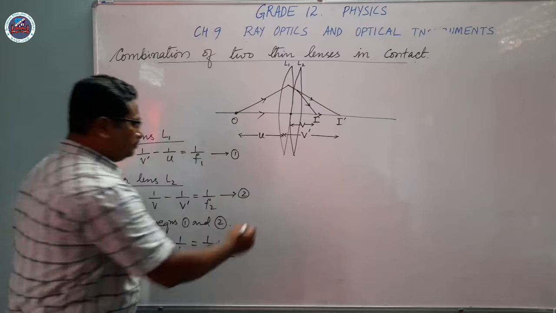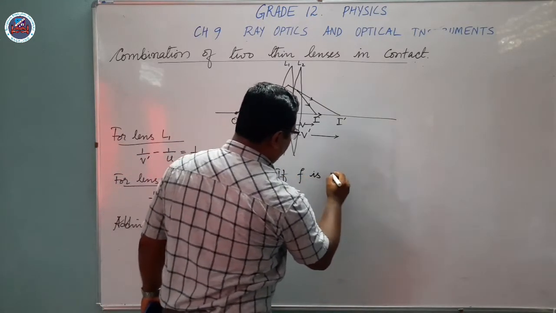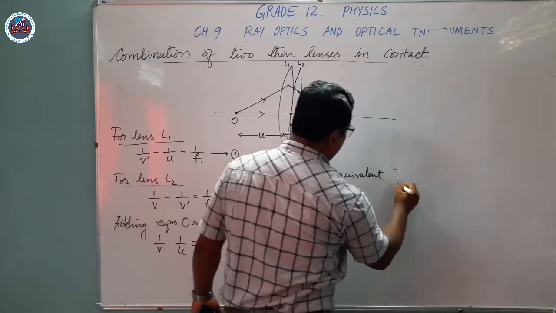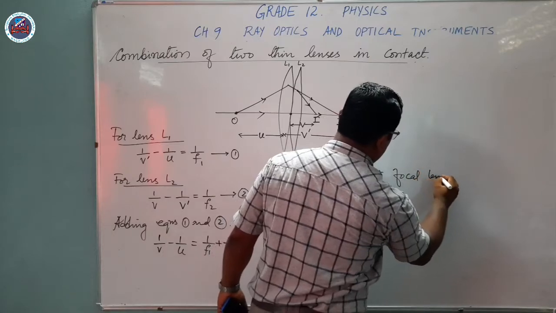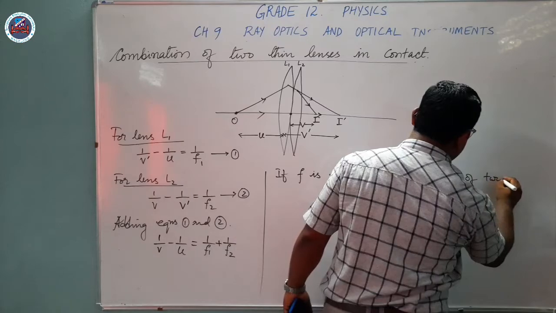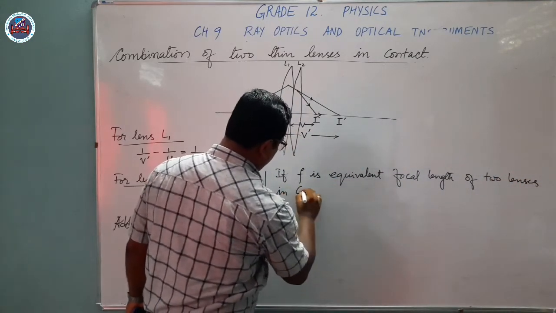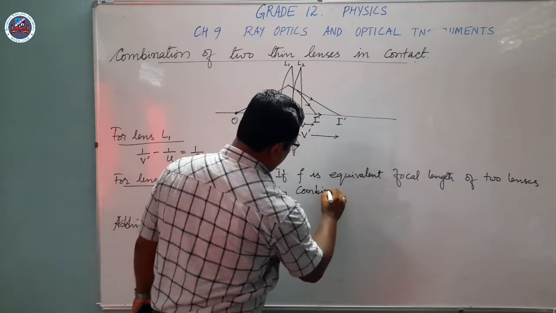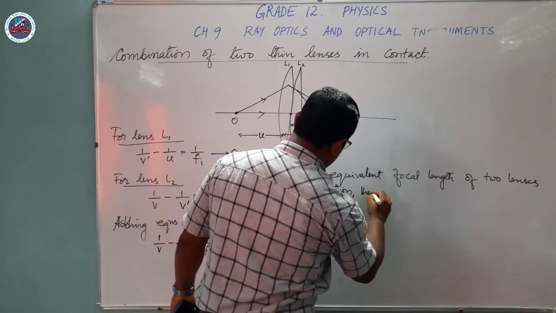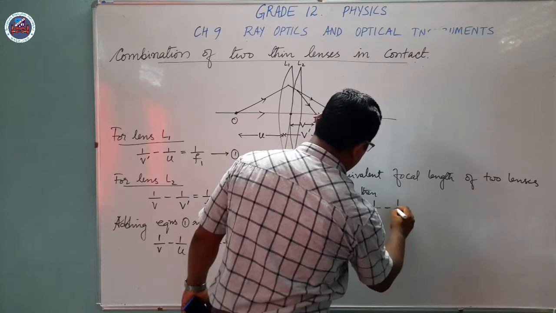Now, if F is the equivalent focal length of the two lenses in combination, then 1 by f will be equal to 1 by v minus 1 by u.